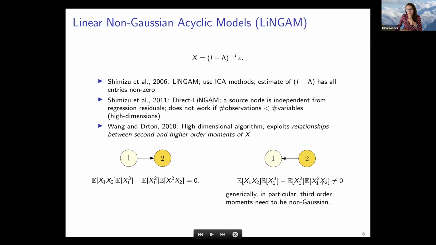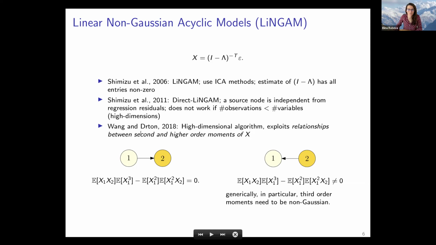And in the second case, it's non-zero generically, meaning for most choices of the values of the lambda arising from this graph. And the noise terms, I guess, their second and third order moments should be chosen generically non-Gaussian. Then this will be non-zero. And so this gives you a way to distinguish those two graphs.